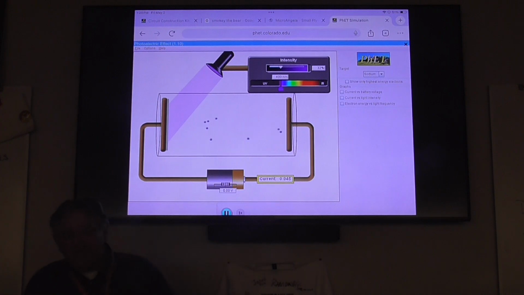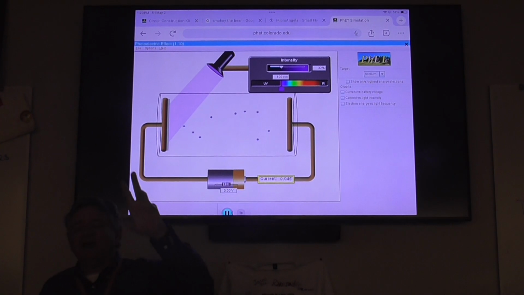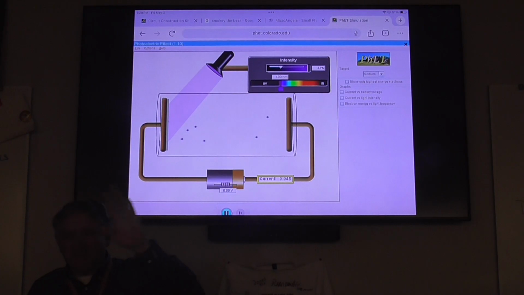Now, the bad thing is that it portrays it like you can see the electrons. You can't, obviously. They're tiny, tiny bits of matter, okay? But from a visual perspective, it works.